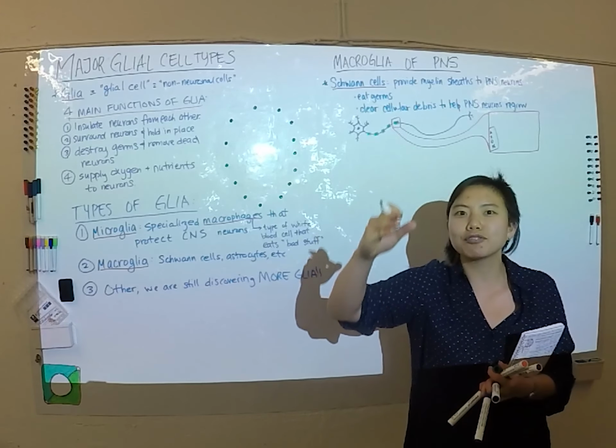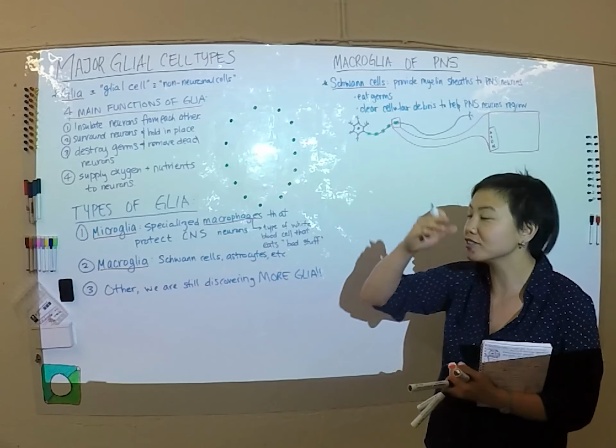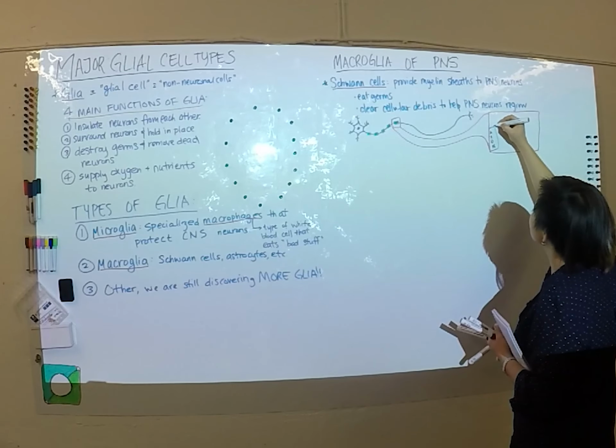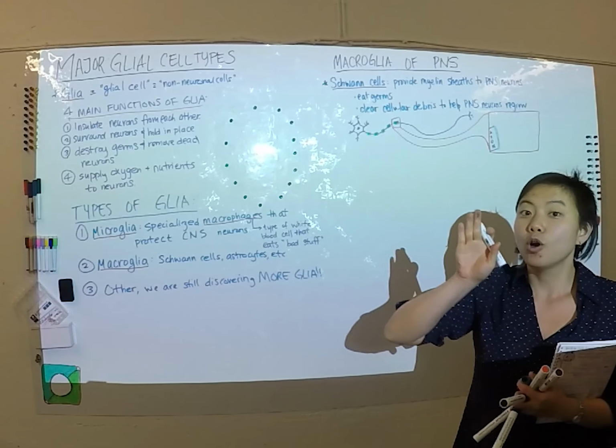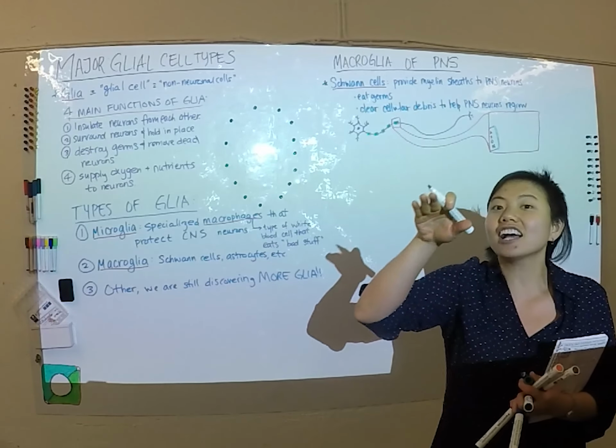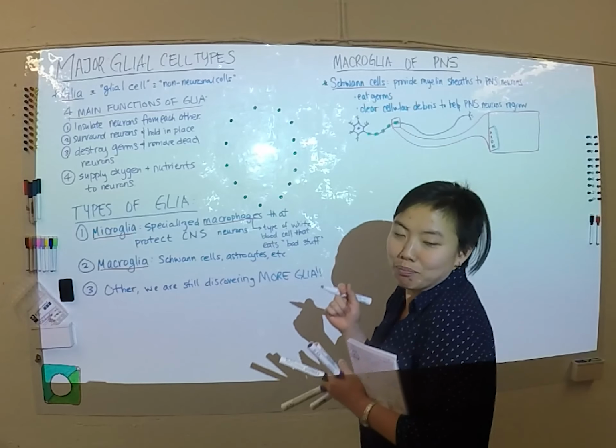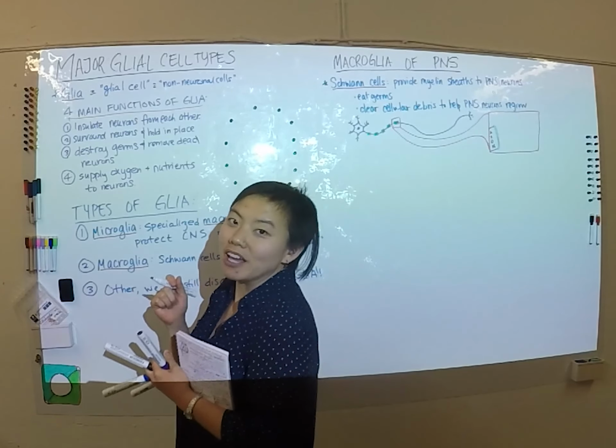It's just wrapped around and around and around. The reason is that it develops that way because the Schwann cell moves around the axon and it's like pooping out the myelin sheath behind it.